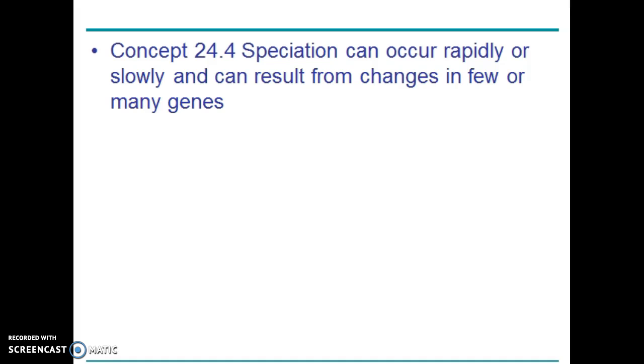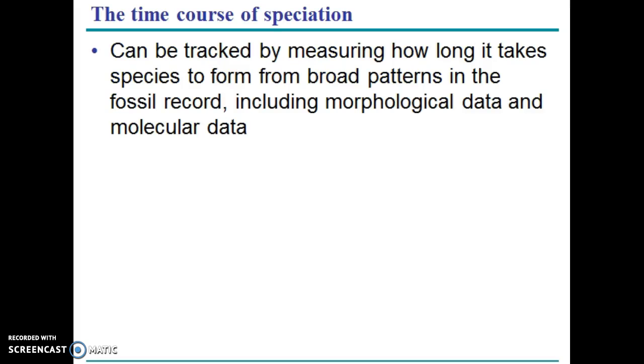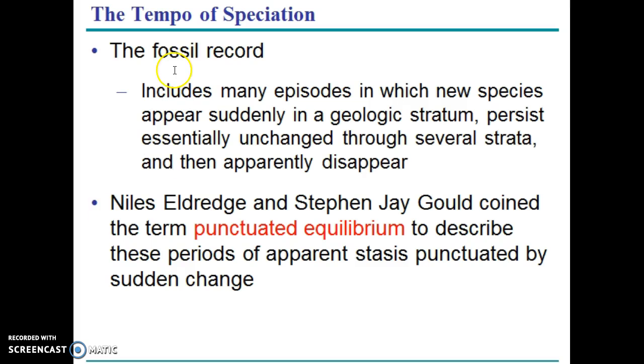And the last concept in chapter 24 is the speed and rate of speciation, which can be tracked by measuring how long it takes for a species to form from the fossil record, and also morphological information as well as molecular data. Recall when we say morphological, we're referring to physical features. So the fossil record shows us what we've been talking about previously.